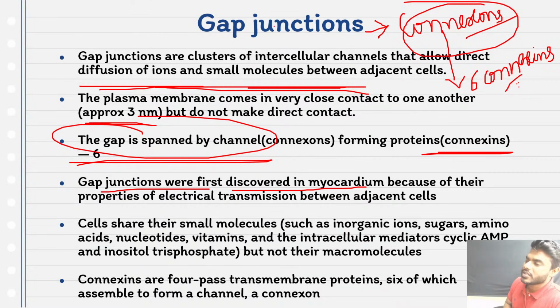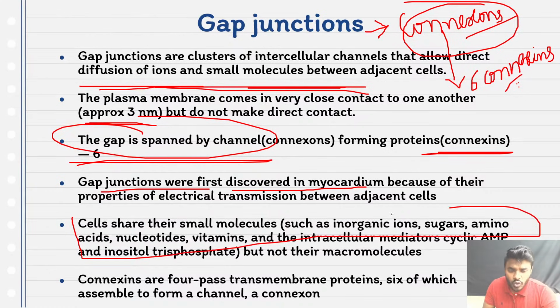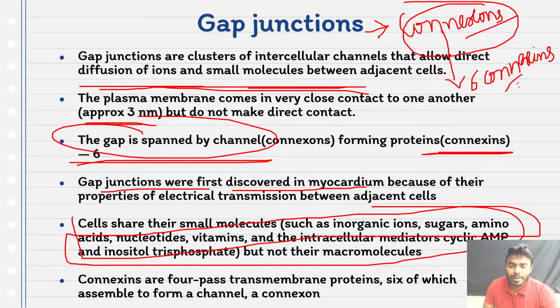What kind of ions or molecules can be easily transported through a gap junction? Inorganic ions, sugars, amino acids, nucleotides, vitamins, and one of the most important points, most of the secondary messengers like IP3 and cyclic AMP are transported through this particular gap junction.